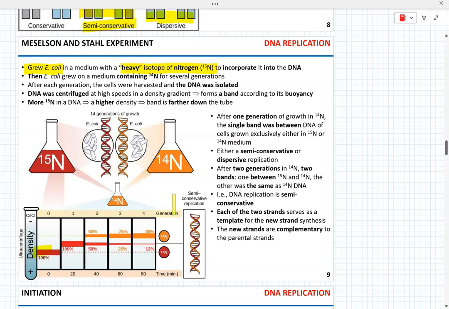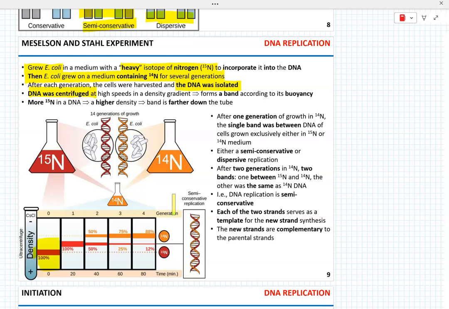You can see the density of the DNA from the E. coli cultivated on that heavy nitrogen on the left panel. Then they cultivated E. coli on the medium that contained the normal isotope of nitrogen, nitrogen 14, for several generations. They harvested cells after each generation, isolated DNA, and centrifuged that DNA at very high speed in a so-called density gradient.